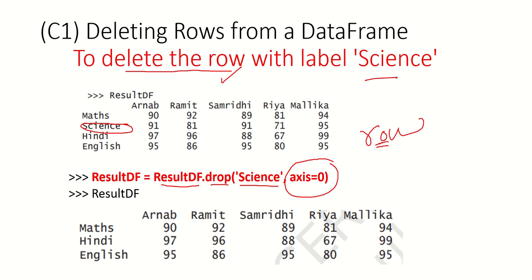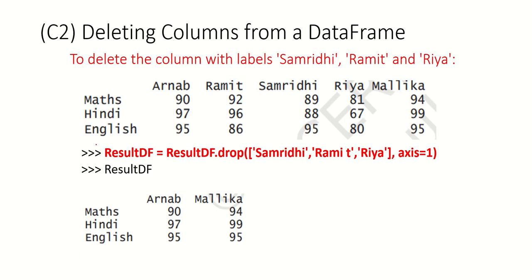Now what if it is a column to delete? To delete a column, some of the column labels are given, like Samriti, Ramit, Ria, and all together they are asking us to delete these columns. How can you approach these kinds of questions? In a similar way as we did for the row, data frame dot drop.